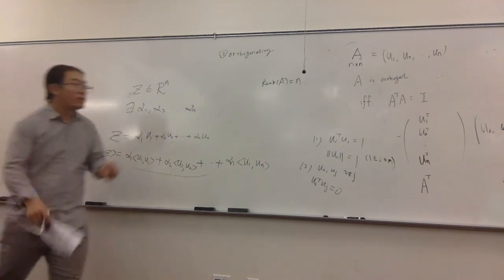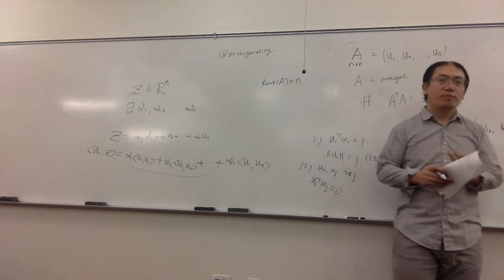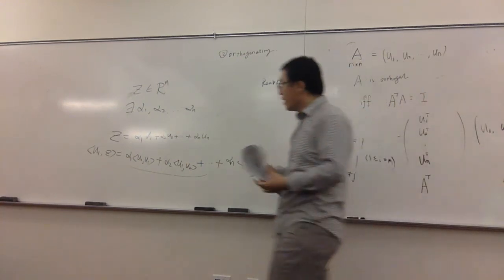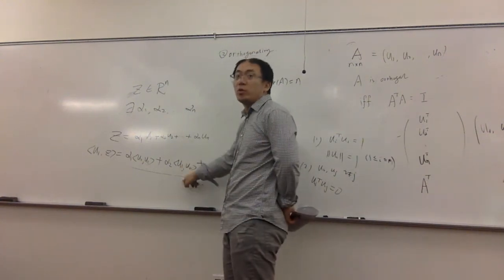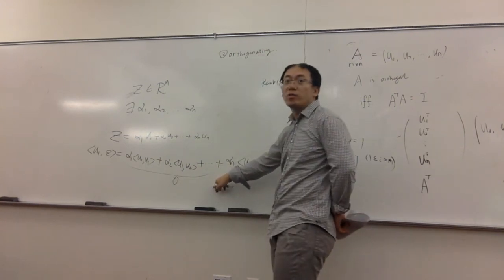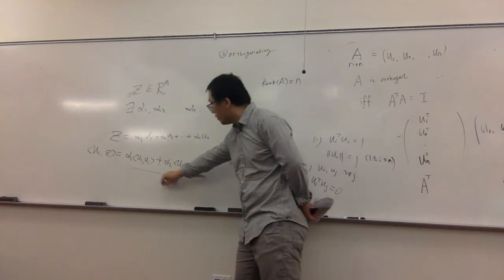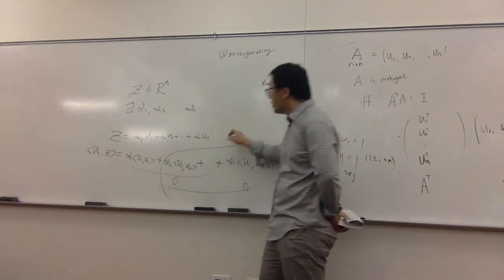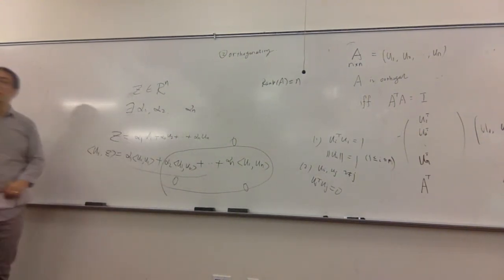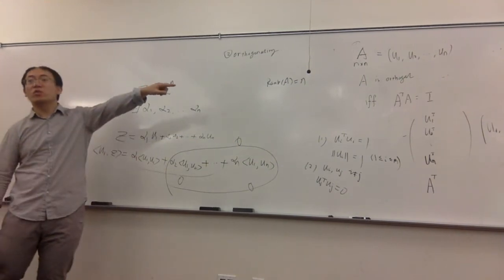And now we know those n vectors are pairwise orthogonal to each other. So the inner product between u1 and u2 is 0, the inner product between u1 and u3 is 0, and the inner product between u1 and un is 0. So all those terms are simply 0. And what about the inner product between u1 and u1? Yeah, it's just 1, right? Because each column vector is a unit vector.